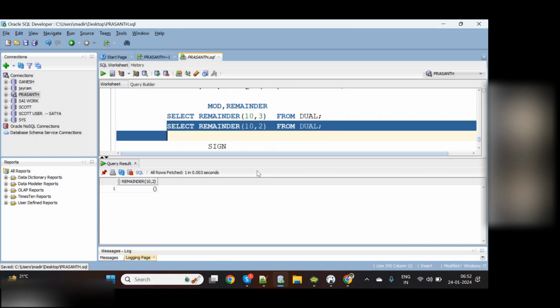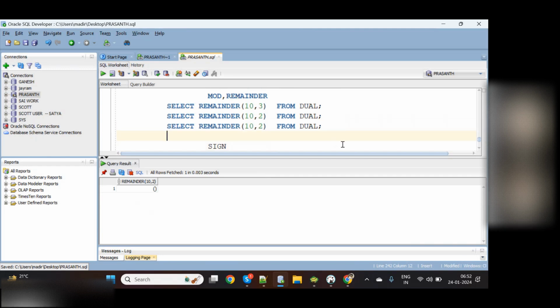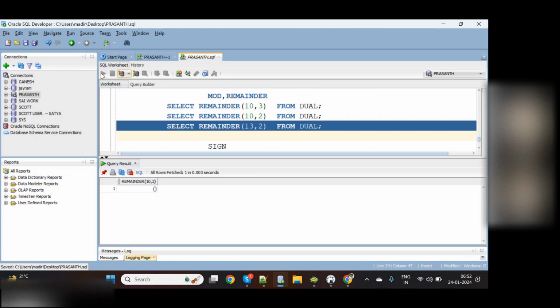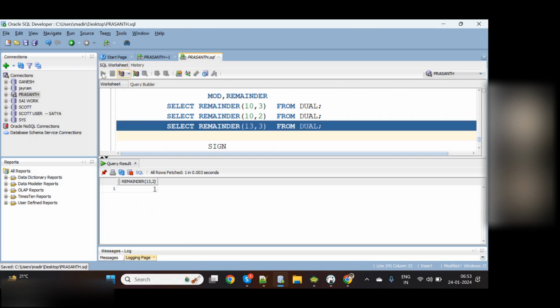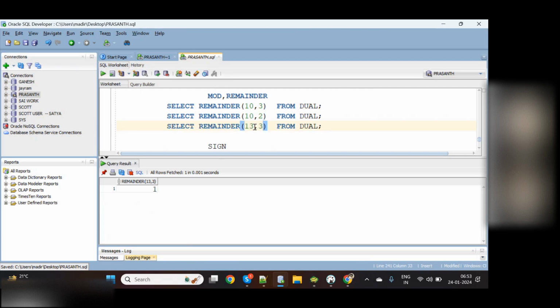But see, the remainder function will vary if I give 13. Generally, the remainder will be 1.